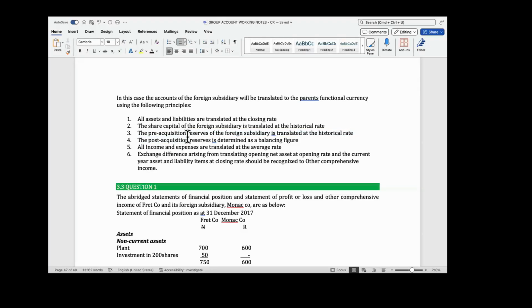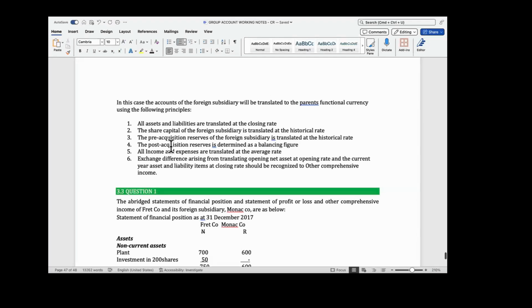Post-acquisition reserve is determined as a balancing figure, and all income and expenses are translated at average rates. And because this post-acquisition reserve is determined as balancing figure, and year in, year out, this closing rate will be different. The closing rate of last year will be different, because closing rate means the exchange rate at the year end.